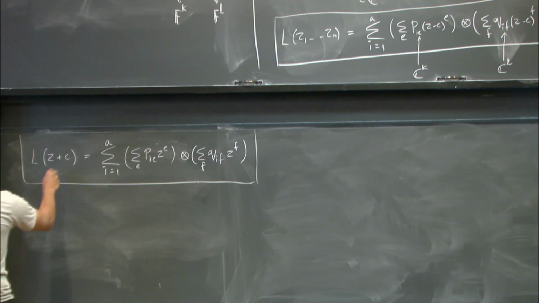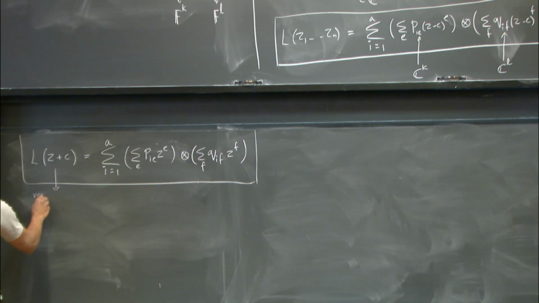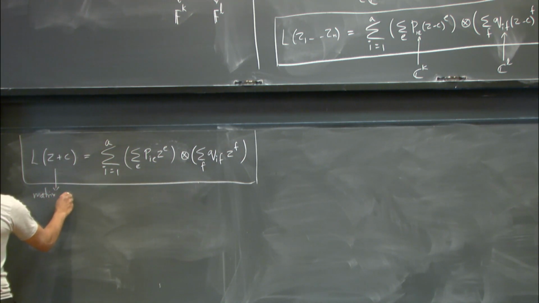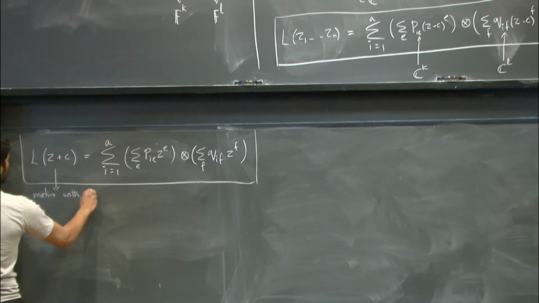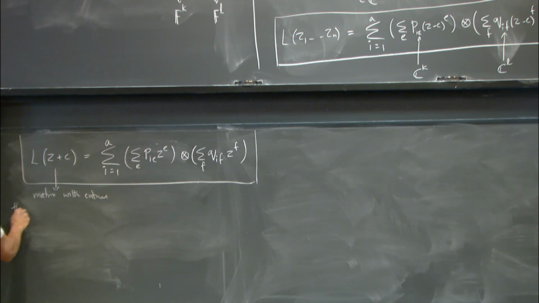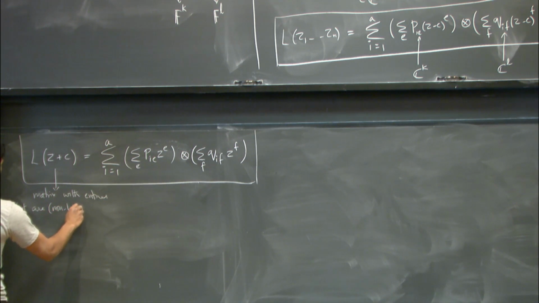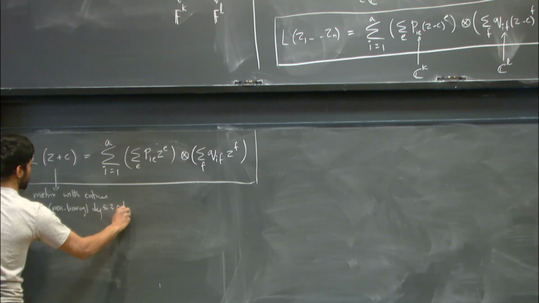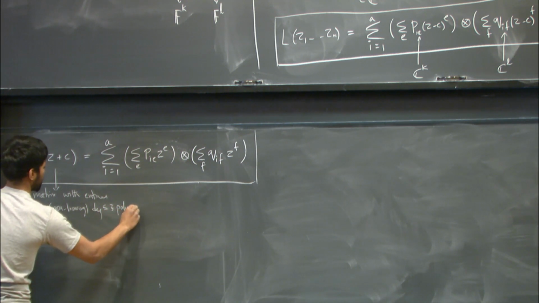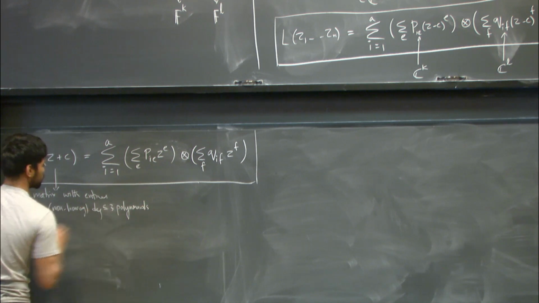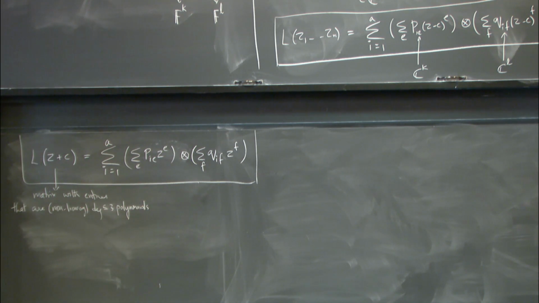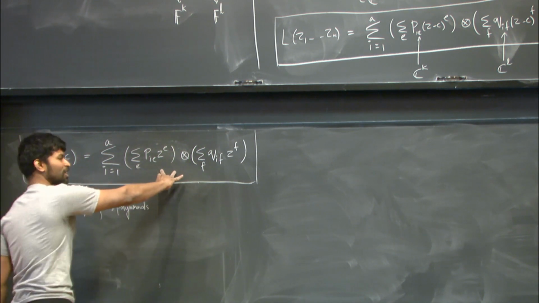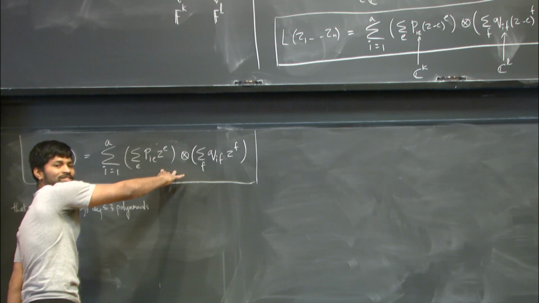So it doesn't really make that much of an issue, but it's a matrix with entries that are non-homogeneous degree less equal 3 polynomials. So that means I can restrict to the degree less equal 3 part on this side and not lose anything.